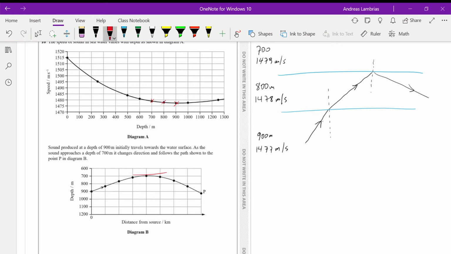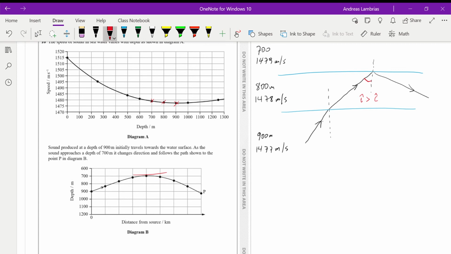It happens when the angle of incidence is greater than the critical angle at that boundary. And it looks like this is exactly what happened, right? This is why the sound has changed direction, and from moving up to the surface, it started going deeper again.